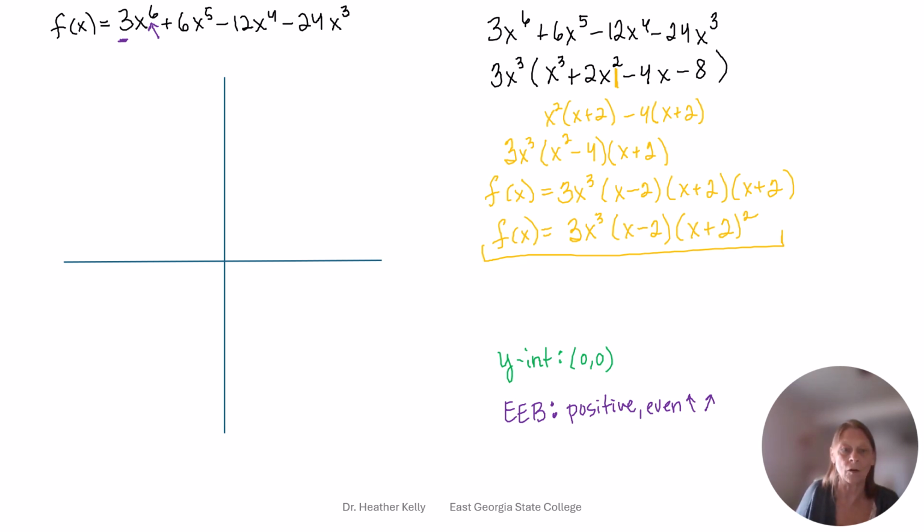And then let's get our x-intercepts. Our x-intercepts, well, of course, we've got 0, 0. We got that one from this 3x cubed term. We also have 2, 0 and negative 2, 0. So let's graph this.